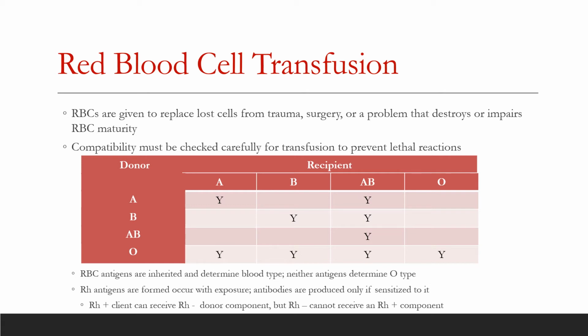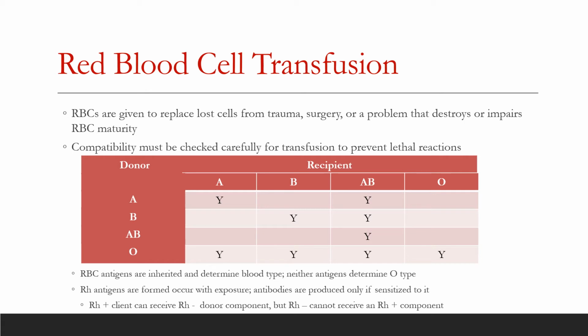So what can I receive? If I can only receive what I have and I don't have A and B, I can only therefore receive O, right? If I receive anything more than I already have, my body's going to freak out and attack it. So if I am A, I can only receive A or O because O is neither, right? But I can't receive anything that has a B antigen.